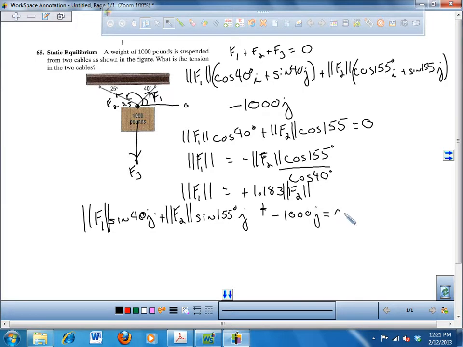Has to also equate to 0, right? Because when I add those all up, they also have to add to 0.